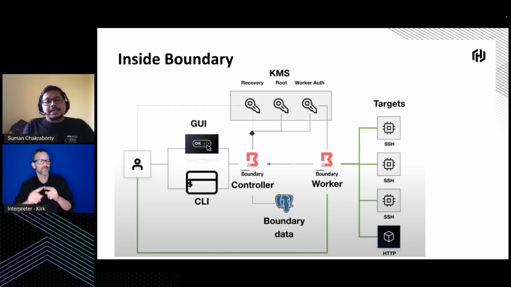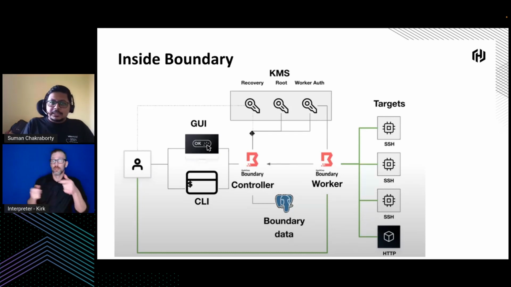The controller is responsible for managing policies and ensuring that a specific set of systems is allowed into the infrastructure. Through the controller, you also manage the configurations and access rules, and all this information is stored in a database, which in the case of Boundary is Postgres.